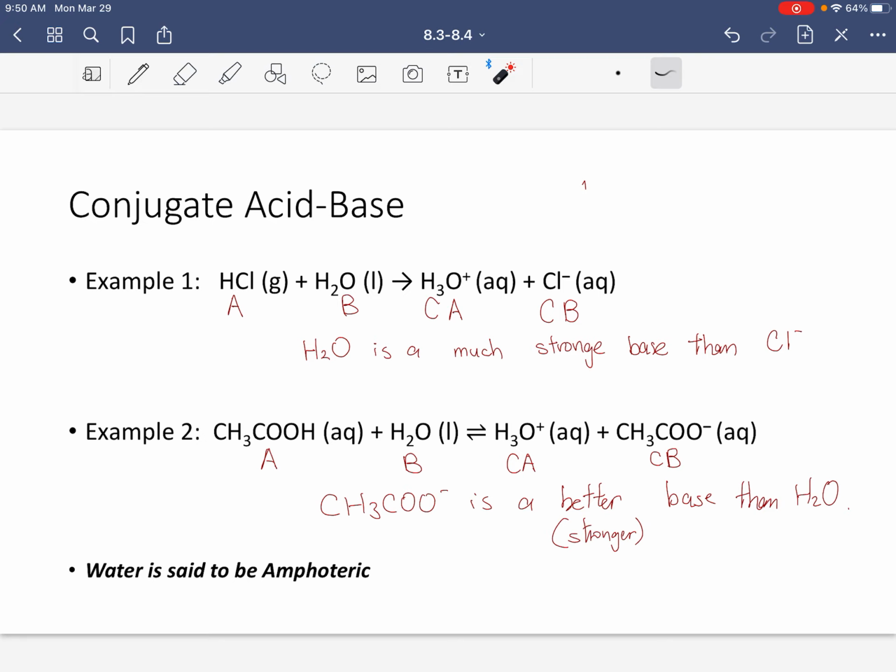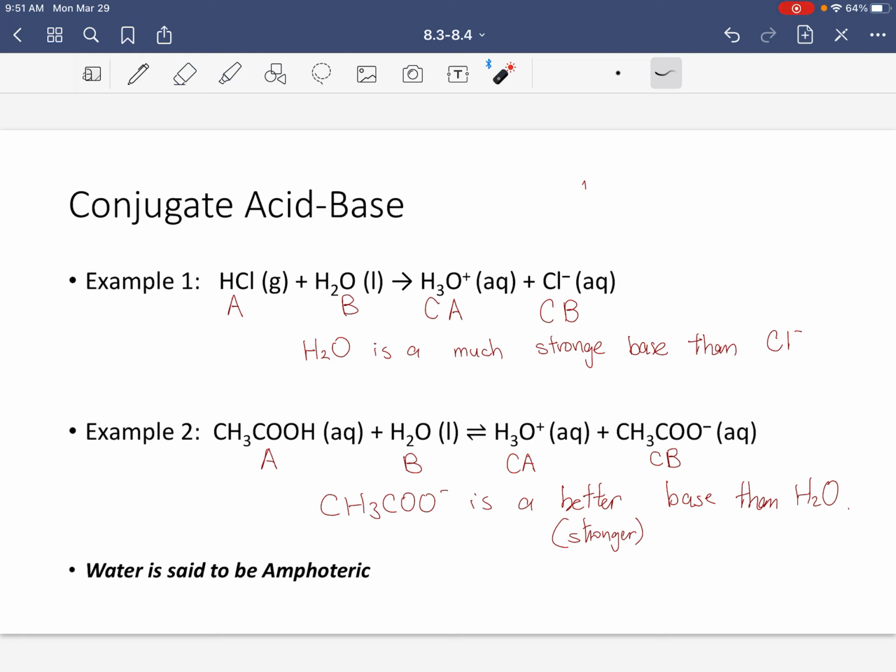And as you can see on this page right here, water can actually act as an acid or a base depending on who he's dancing with. I can give you another example later on where water is acting as an acid. That can happen. And because water has that capability, water is said to be amphoteric.